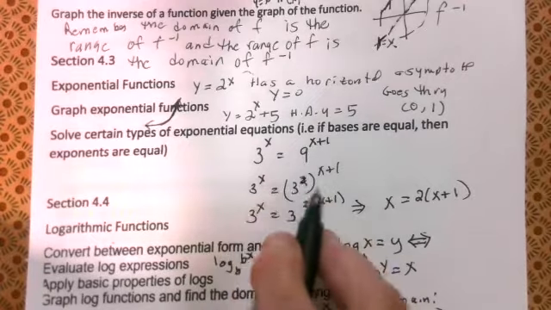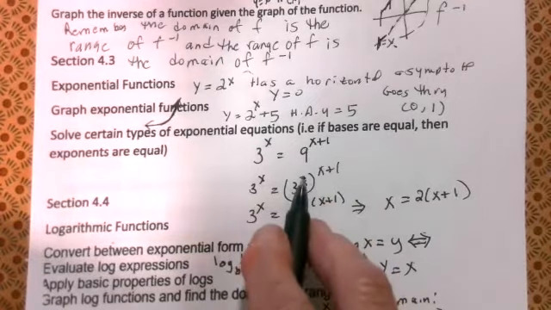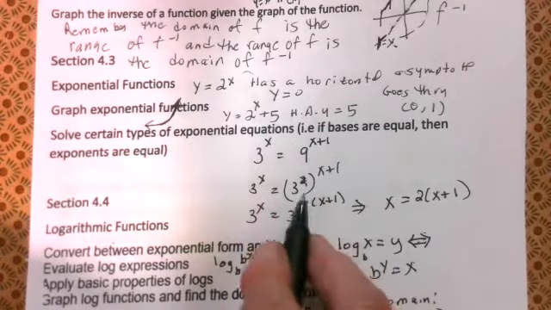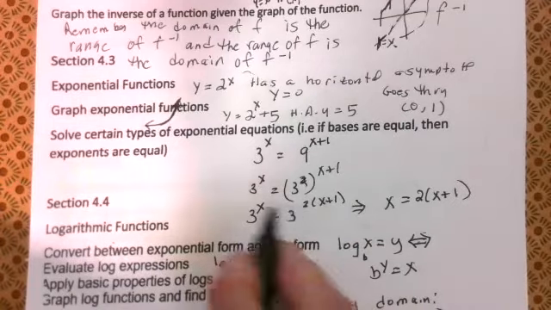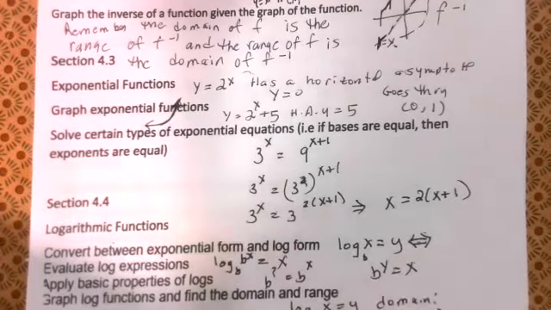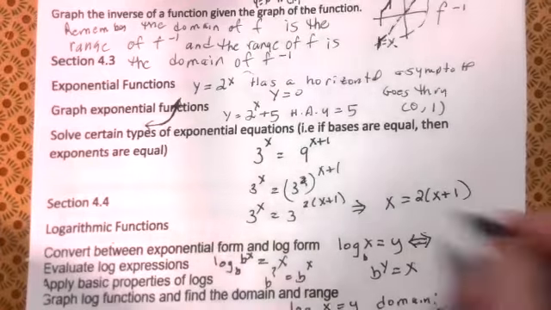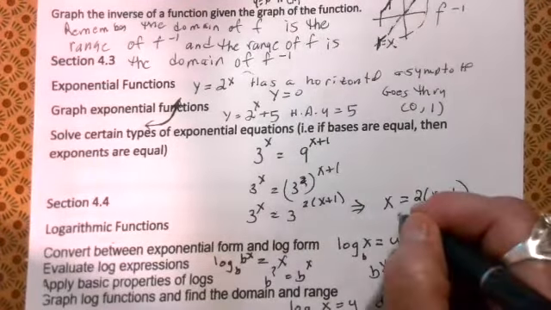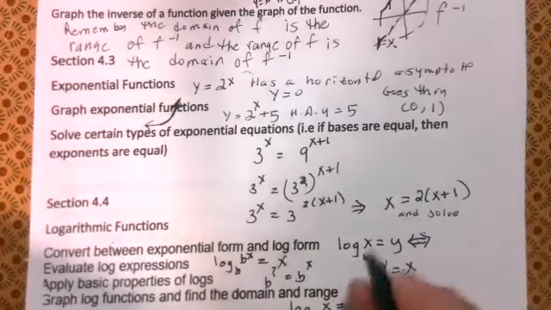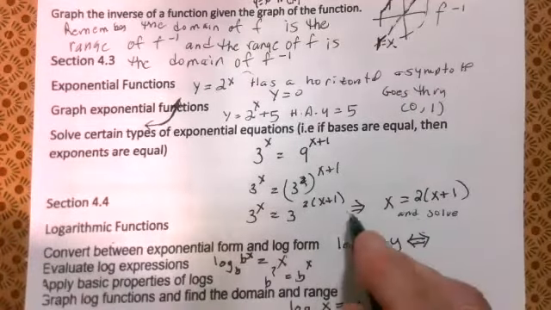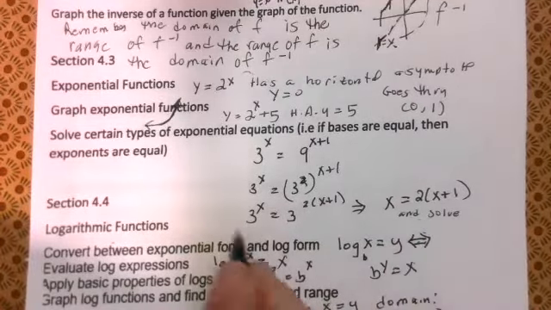So we could replace the 9 with 3 squared. And then when you raise an exponent to an exponent, you multiply. And then once we have the same base, we can set the exponents equal to each other. And then we can just solve for x. We'll have some kind of equation to solve. It could be that it's quadratic, or it could be that it's linear.